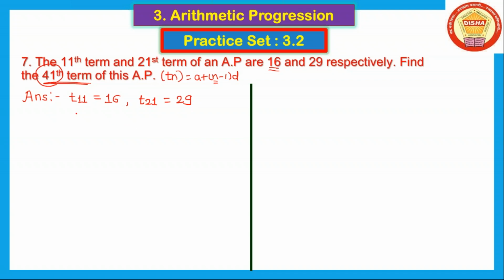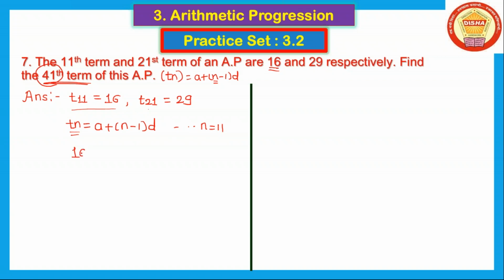But what is given here? 11th term is given, 21st term is given. From this given part, we find the terms in the form of a and d. So for this, we are taking the formula of Tn, Tn is equal to a plus n minus 1 into d. 11th term is given, so for this one n is equal to 11, and the 11th term is equal to 16.